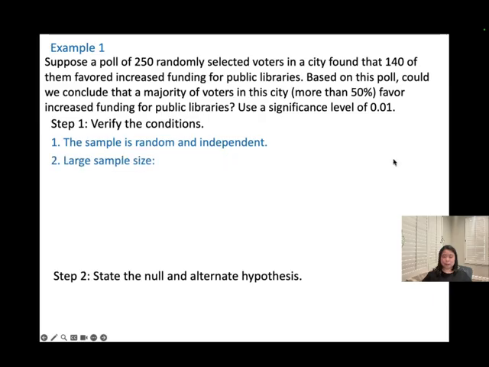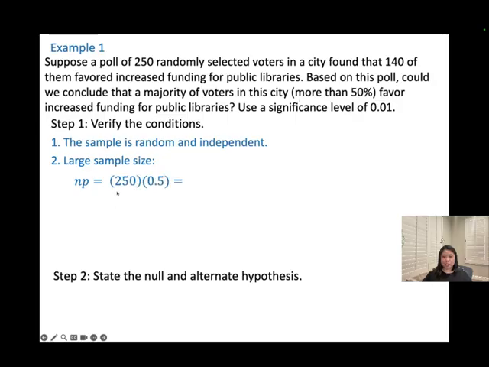Second, large sample size. So we need to calculate n times p here. Do they give the sample size? We do have 250 for the sample size, right? And the p here is talking about more than 50%.